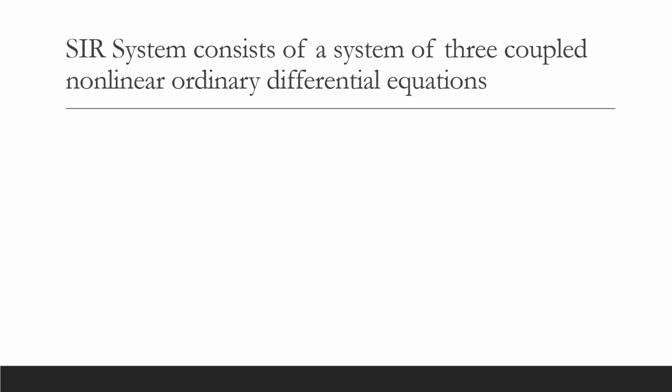Let us make it simple for a non-statistics person. Here dS/dt is equal to minus beta SI. It is the rate of change of the number of susceptible people with respect to time. Let us discuss what makes this number of susceptibles change.